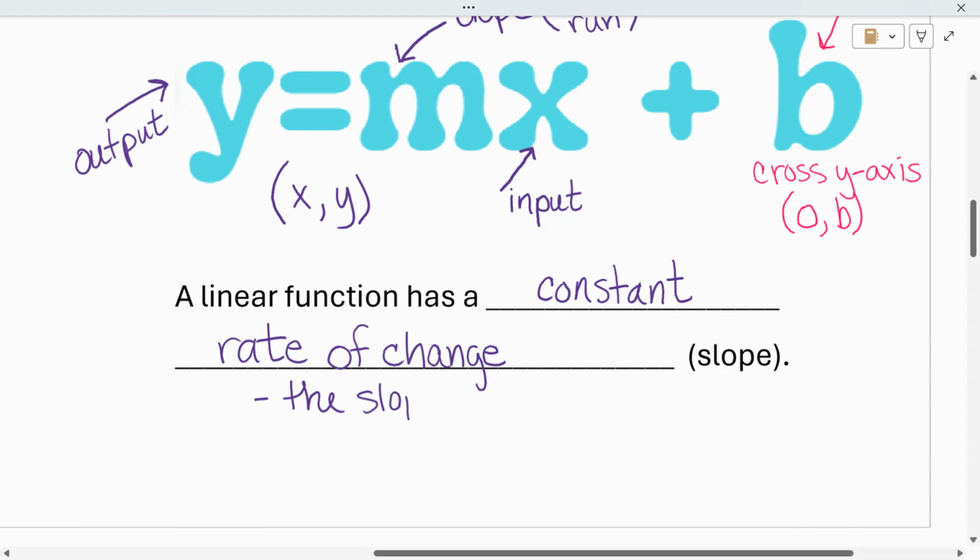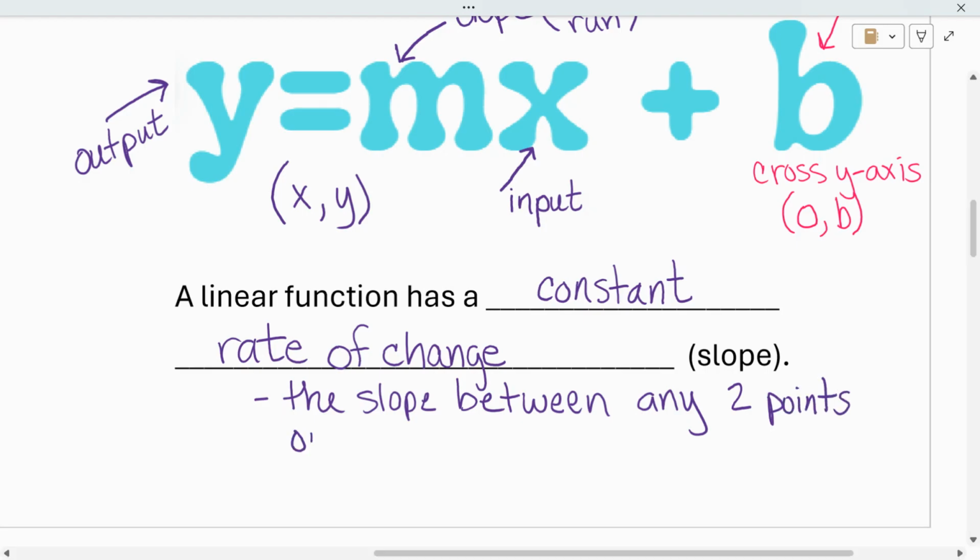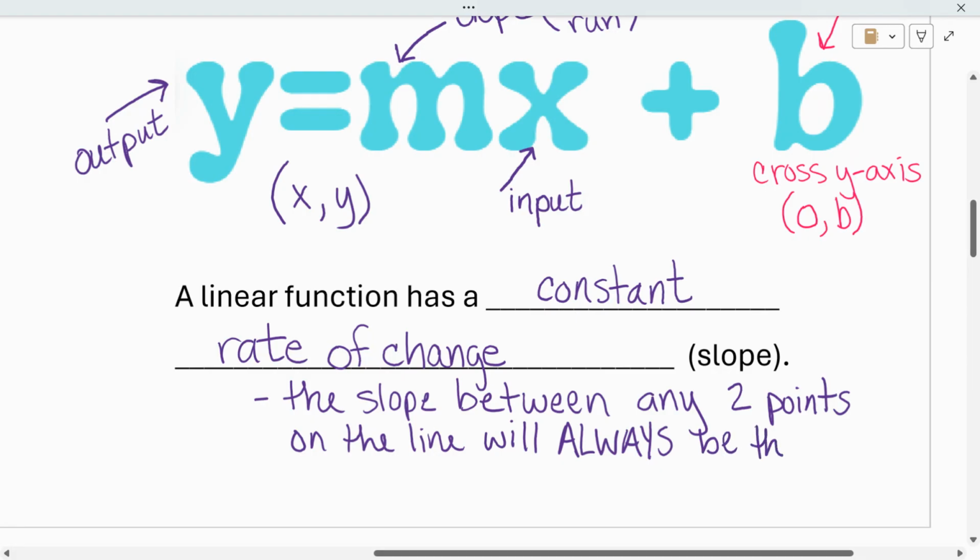The slope between any two points on the line will always be the same. They'll always be equal to each other, okay?